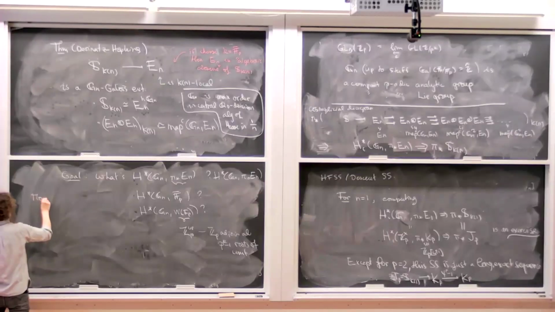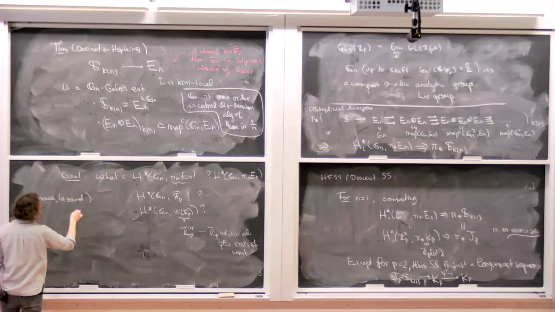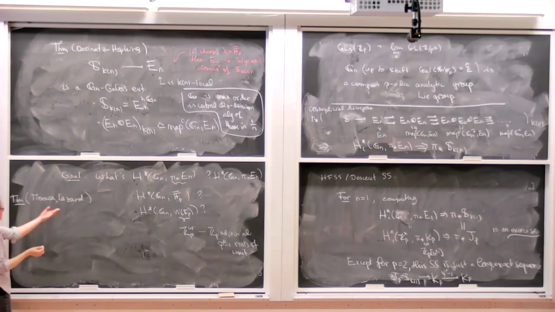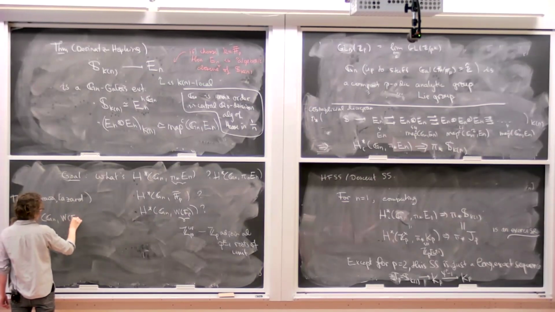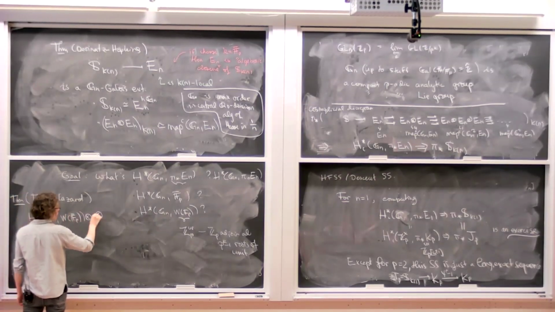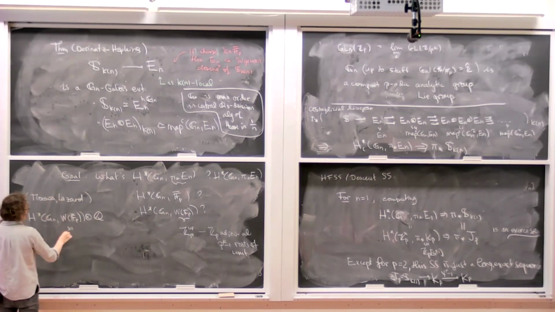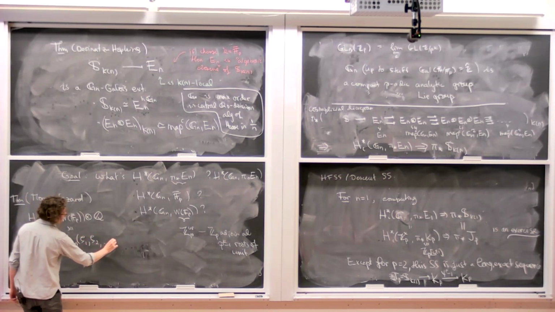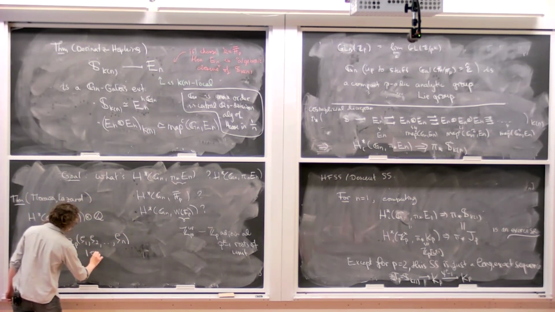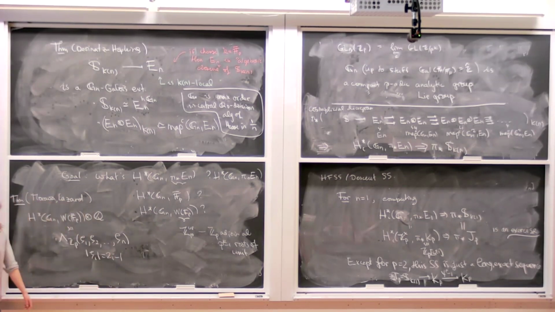One thing that we do know, and this is Morava using Lazard's theory, because this is a p-adic analytic group, Lazard has studied the cohomology of such things. One thing we do know is that if we take the cohomology of G_n with Z_p coefficients, F_p bar, and we tensor with the rational, then we get an exterior algebra over Q_p on classes like so.